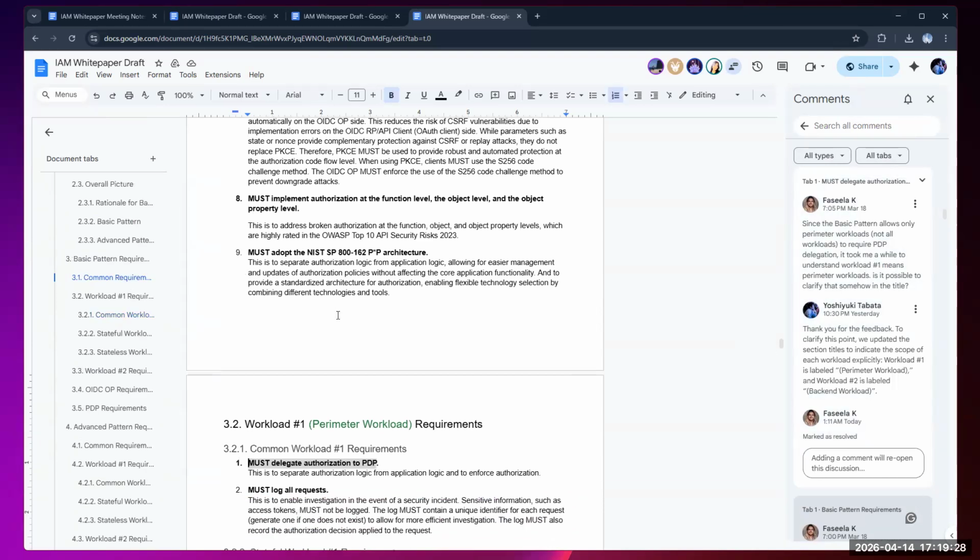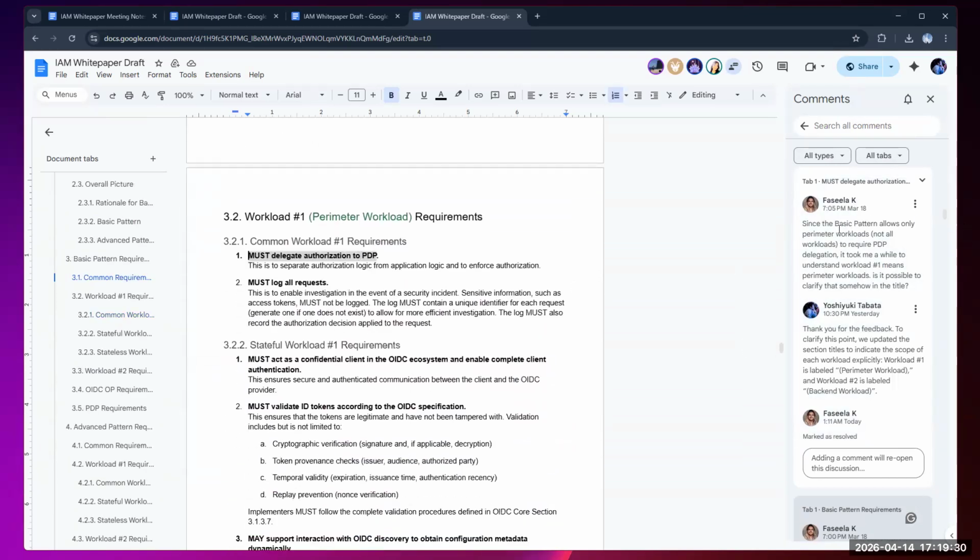And this comment says that since the basic pattern allows only perimeter workload, not all workloads require PDP delegation. It took me a while to understand workload 1 means perimeter workloads. Is it possible to clarify that somehow in the title?